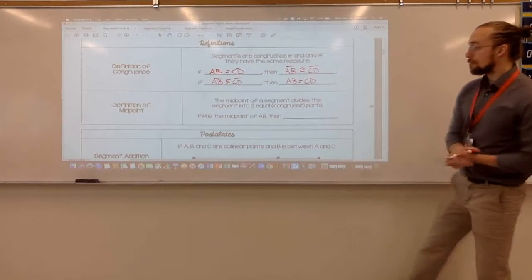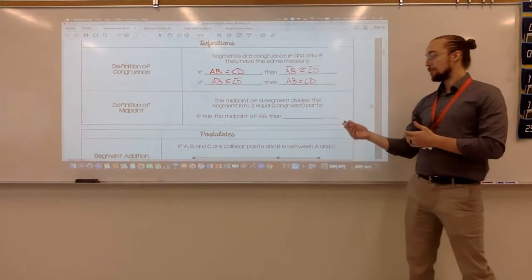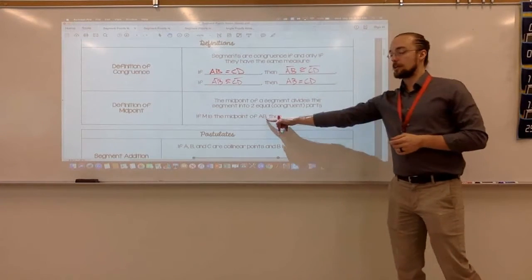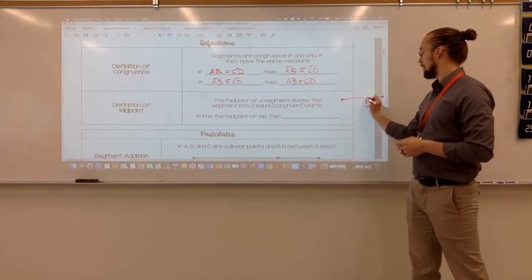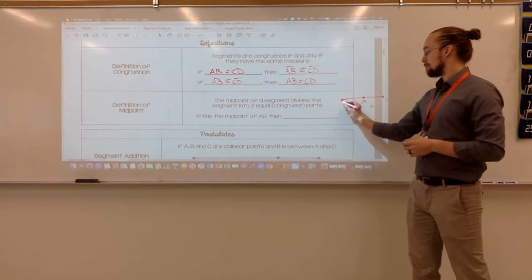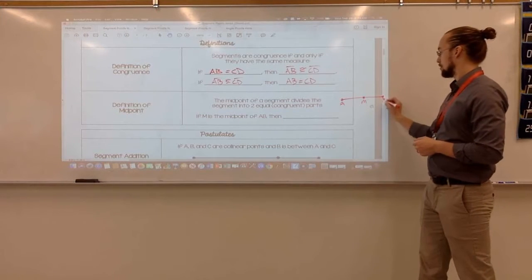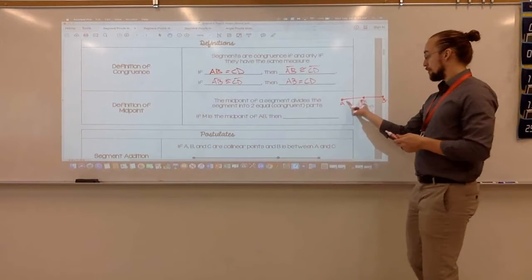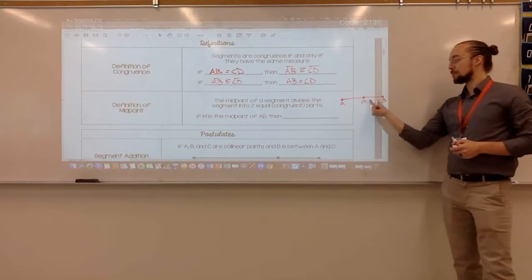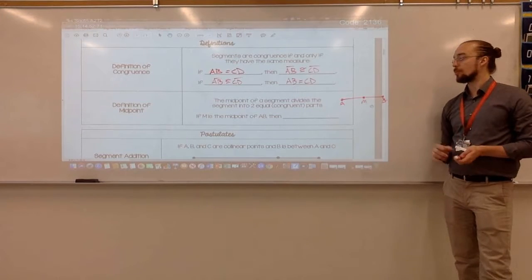Then the definition of a midpoint just says, if M is the midpoint of AB, so let's sketch this out. We've got M as the midpoint of some segment AB. If I know that's the case, then this larger segment is split into two congruent or equal parts.